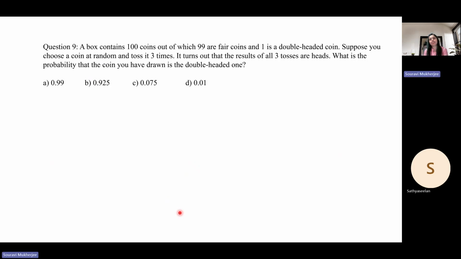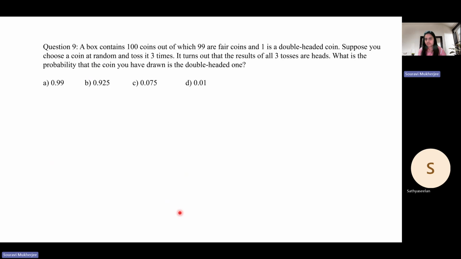First, for this kind of question, you need to write the different events that you're talking about. Define the events first. Then it will be easier to solve. So, what are the different events that we are talking about?